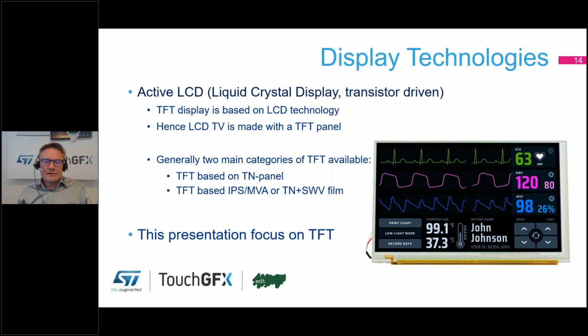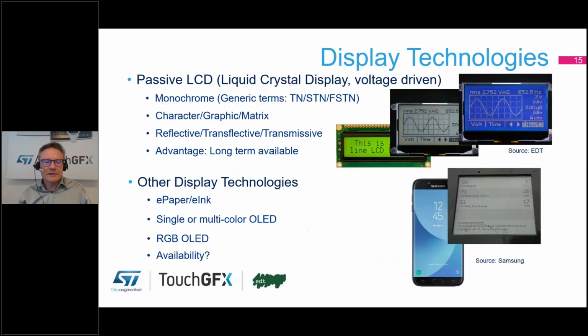Since the majority of projects seen in the market today are based on TFT, this presentation will primarily use that term TFT and concentrate on that. However, there are still some other technologies.